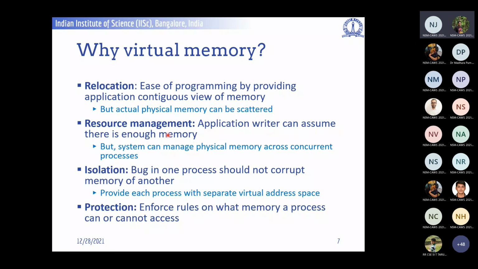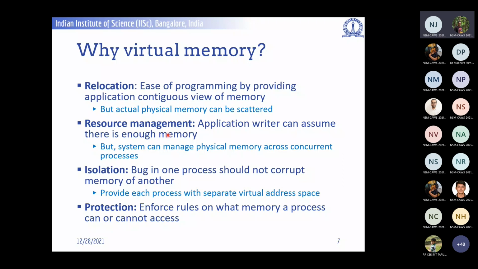Based on what memory is free, it can choose what to map a given virtual address requested by a given process at the point when the memory is actually required. And once that mapping is set, the hardware can look up that mapping, right?